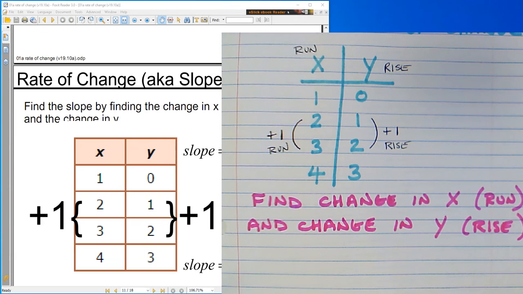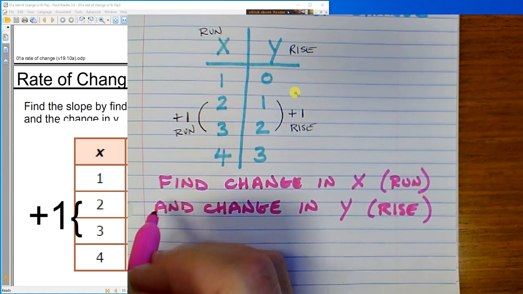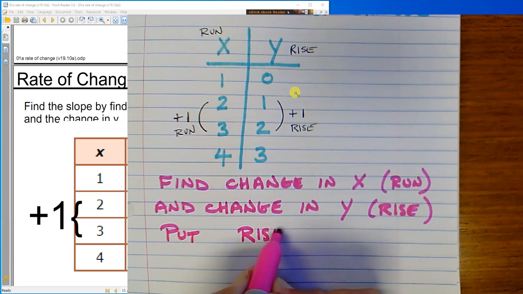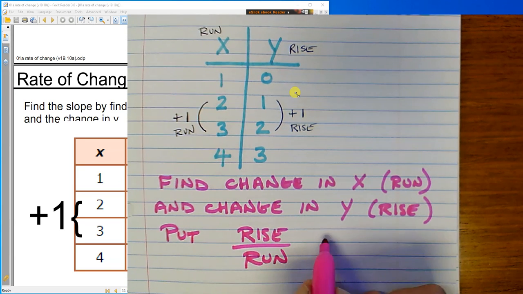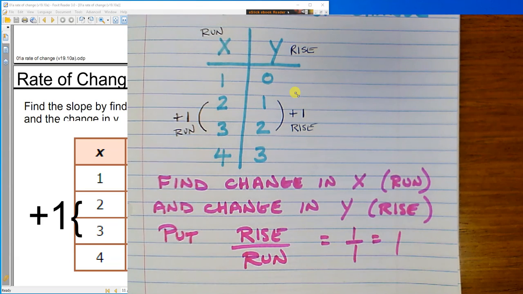Oops, you can't see what I'm writing. Find the change in x, that's your run, and change in y, that's your rise, and then put rise over run. Which in this case is 1 over 1, which equals 1. And that's how I do it.